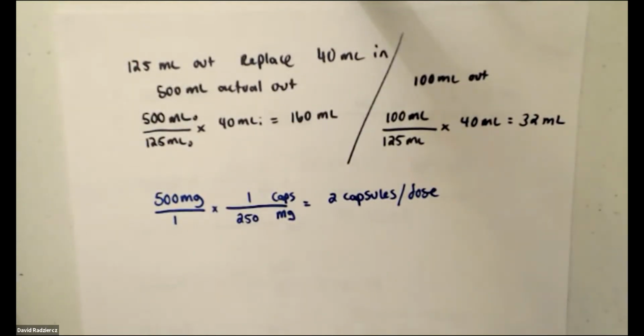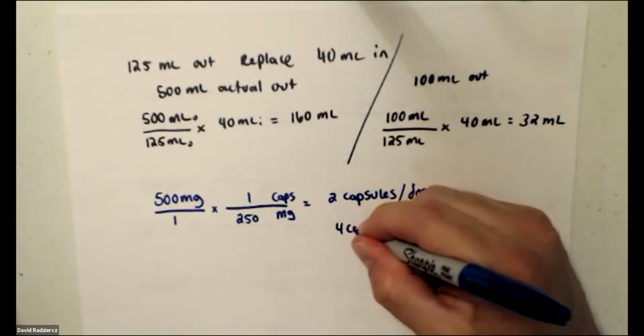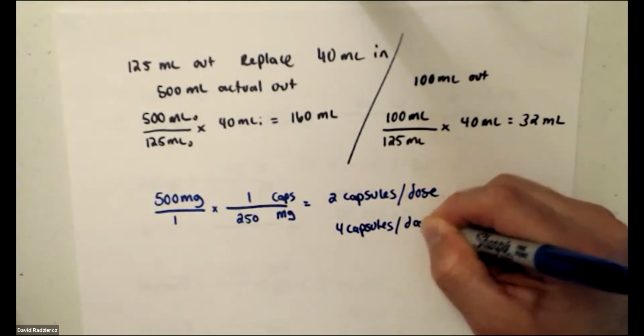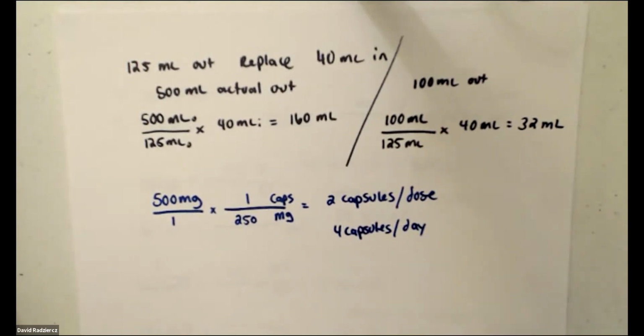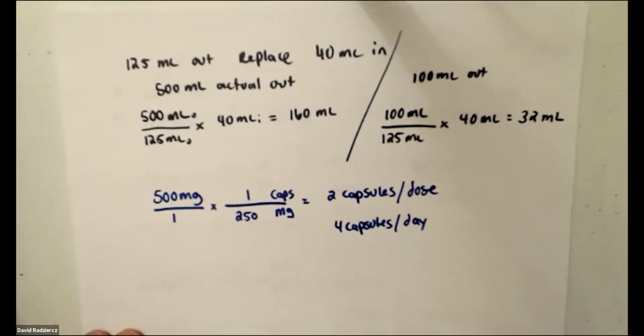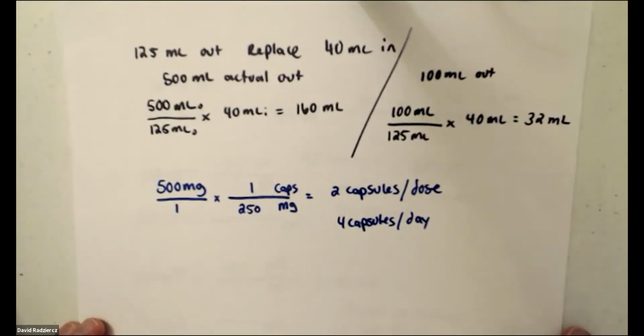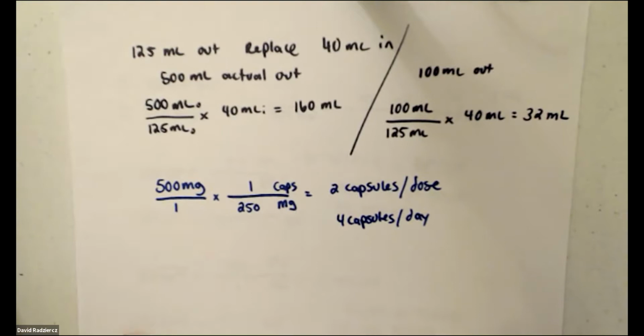If the question asks how many capsules to administer per day, then you would say 4 capsules per day, or you can write per day or /day. It's perfectly fine. Let's say you would prefer to use the ordered over have, or what I've incorrectly written as desired over have.